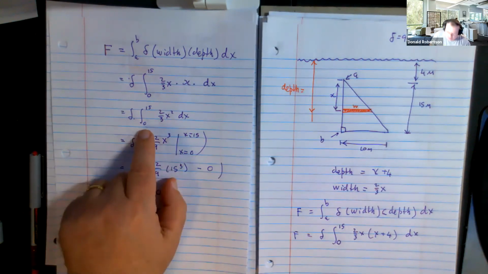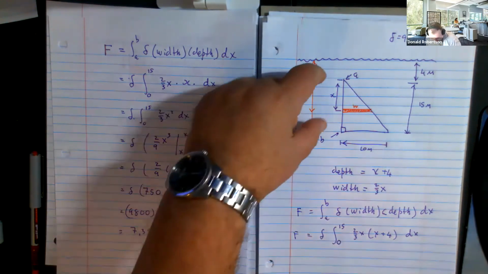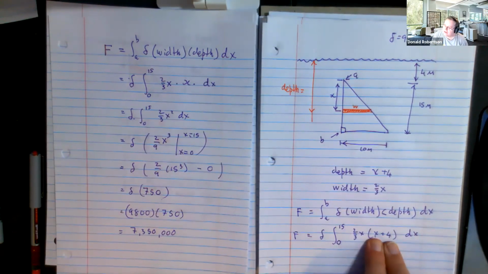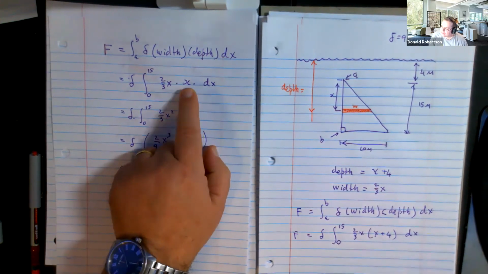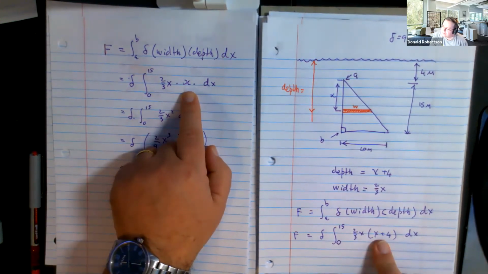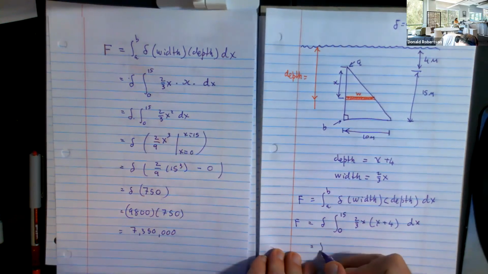Won't the x be 0 to 15? And won't the depth be the thing that changes? On the surface? Here, agreed? Now, I won't do the whole thing.